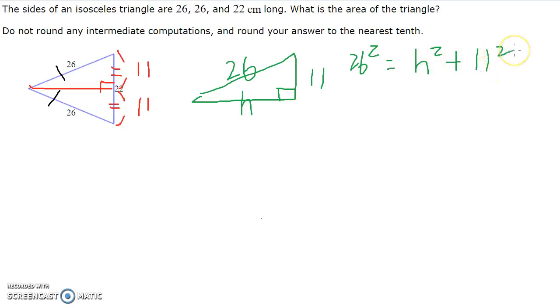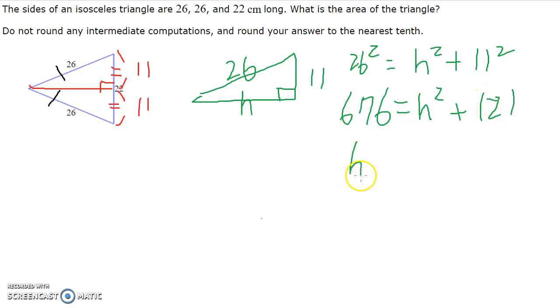Okay, so this is the equation that we can set up. It is important for you guys to show the equation. This is where you should start every time. And now we just use our calculator. That's 676 is equal to h squared plus 11 squared, which is 121. So h squared is equal to 676 minus 121.